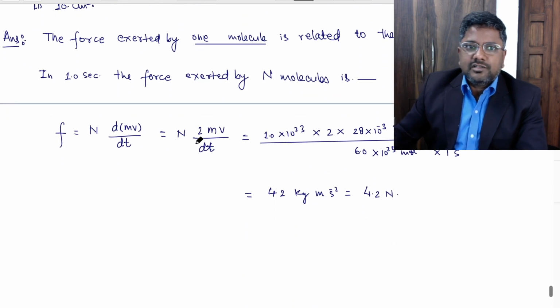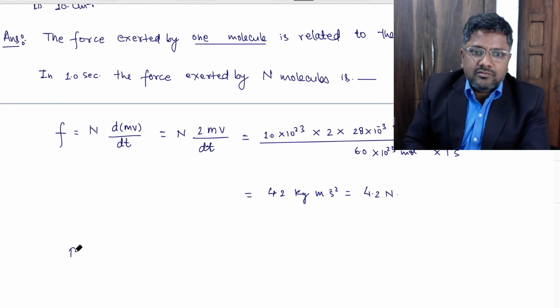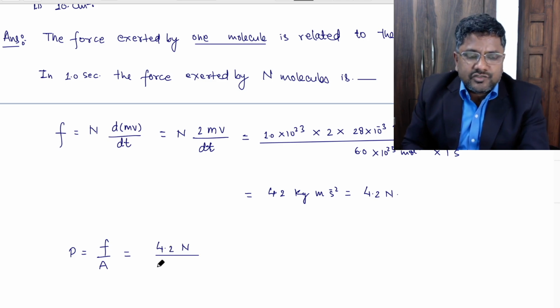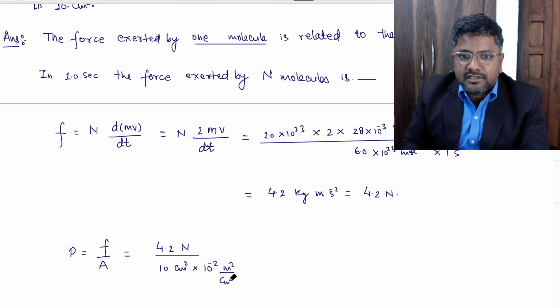Now pressure P is equal to F by A. So F is 4.2 Newton divided by area, which is 10 centimeter square. So this is equal to 10 to the power minus 2, right, meter square by centimeter square.